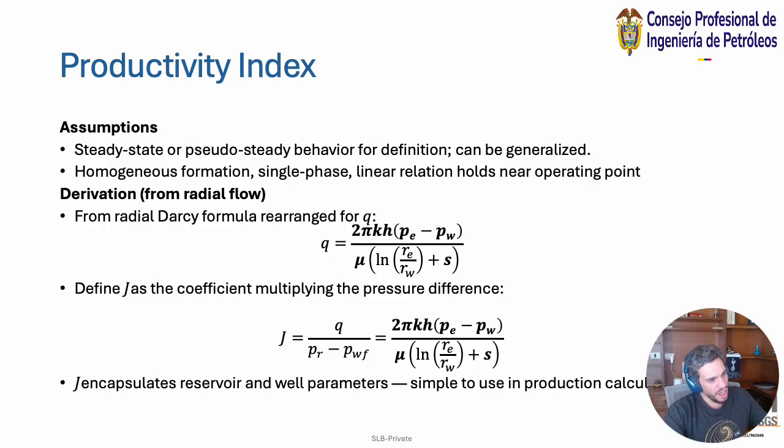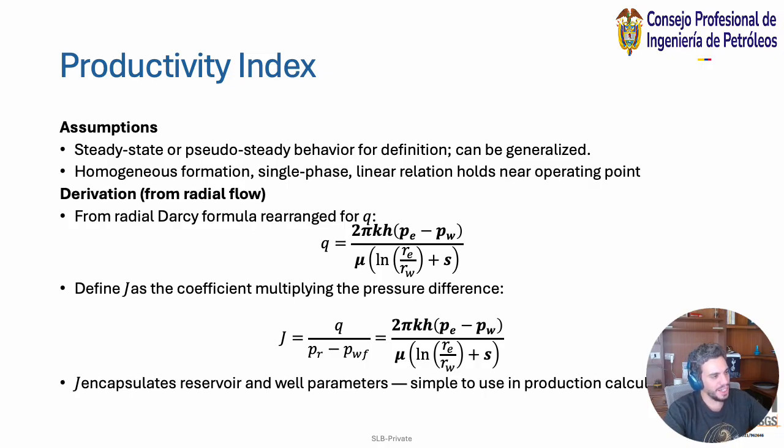So the productivity index takes into account the parameters we want to look at: permeability, viscosity, geometry, and skin, all in one single value.